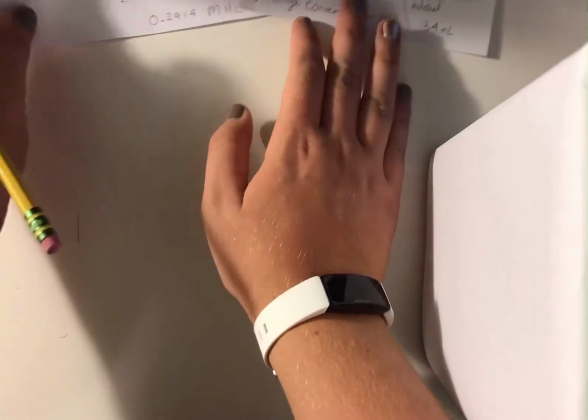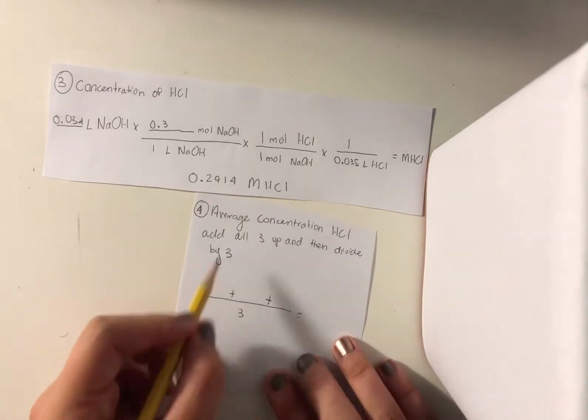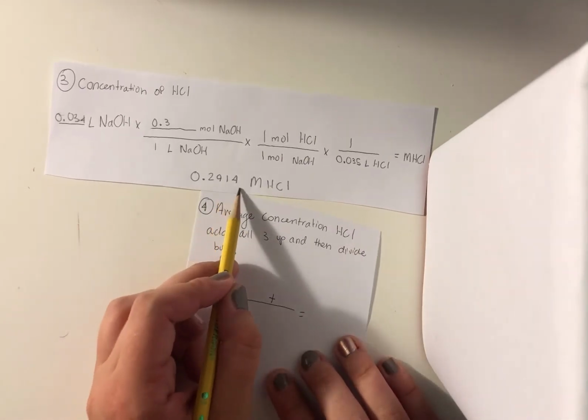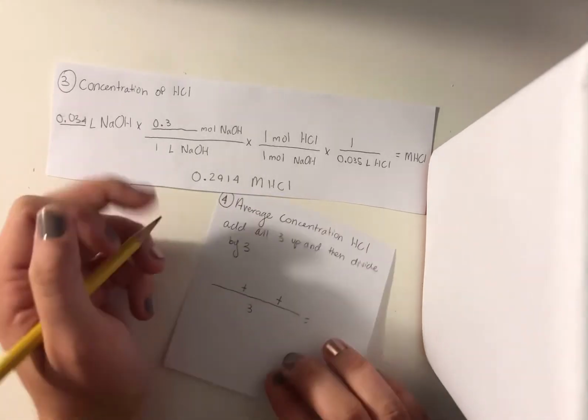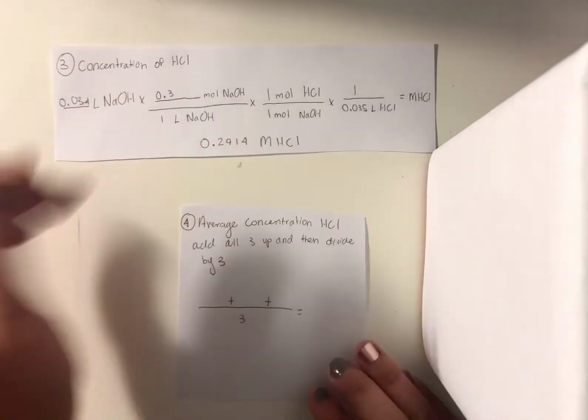So now that we know our concentration of HCl, to find the average, very simple, we are going to add up the 0.2914 molarity, and then again we're going to divide by 3. And the reason we were dividing by 3 was because we were doing this in triplicate.